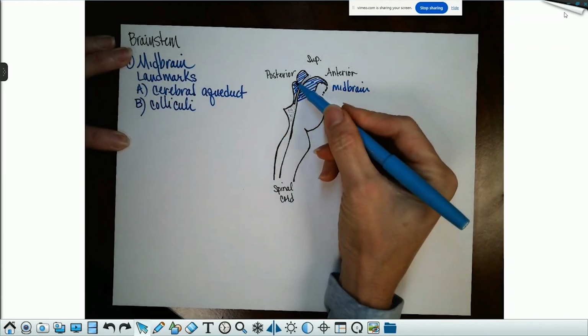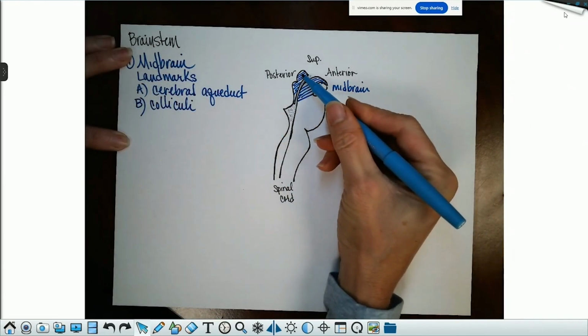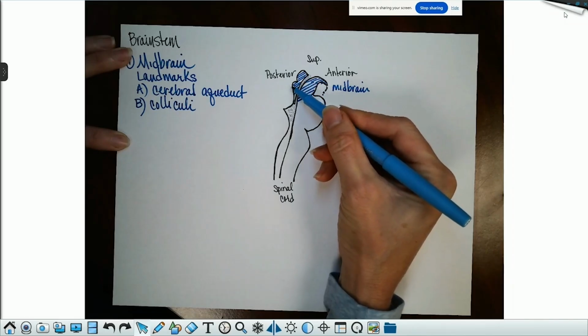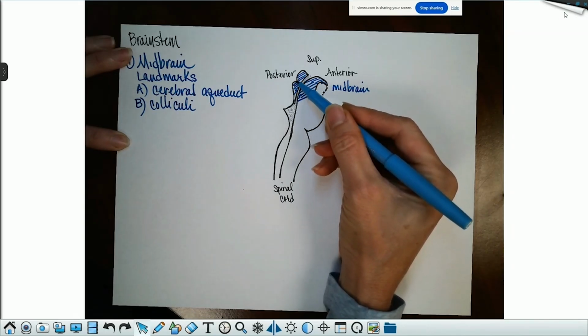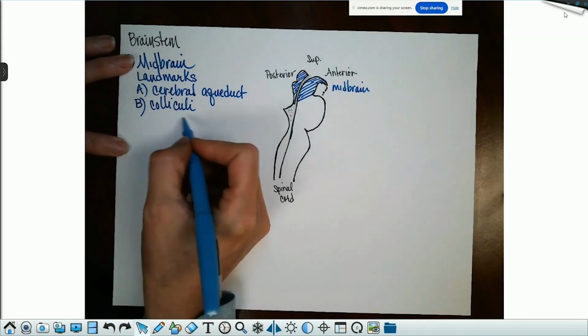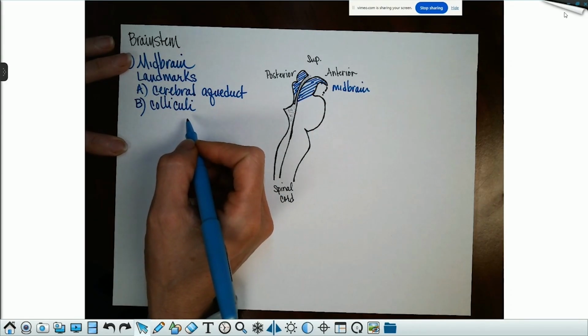So back here on this posterior side, it looks like 2 bumps. Small bumps, colliculi. When we look at the whole structure together, there are 4 bumps.